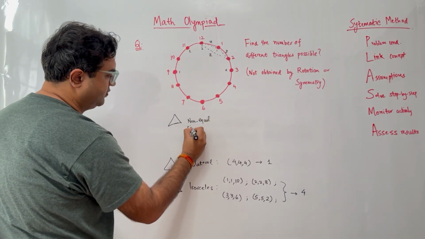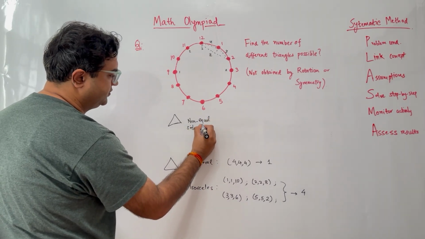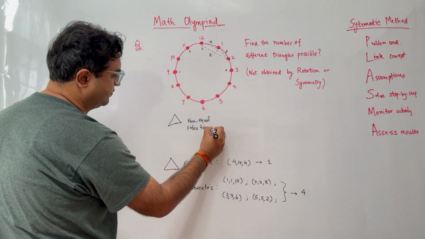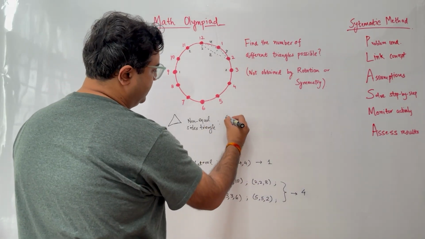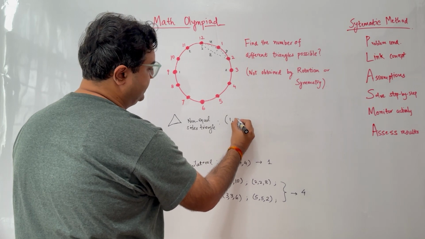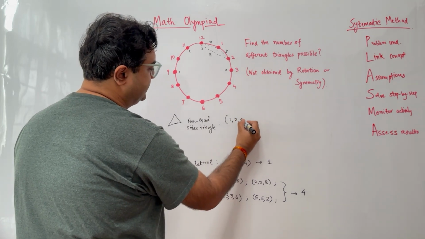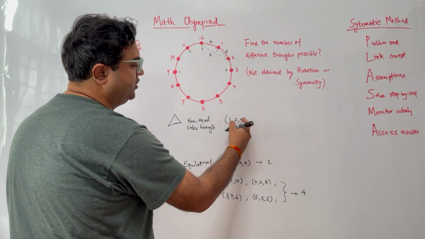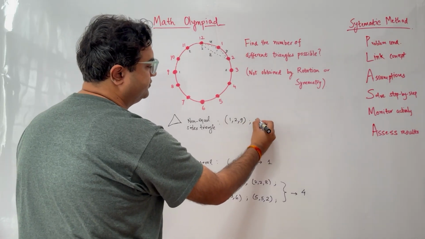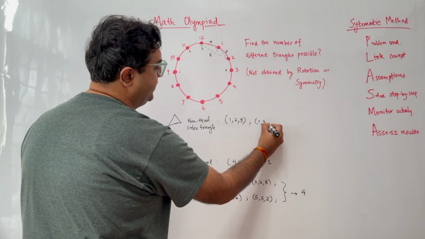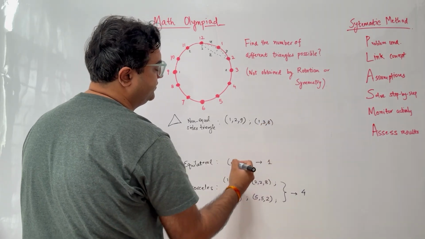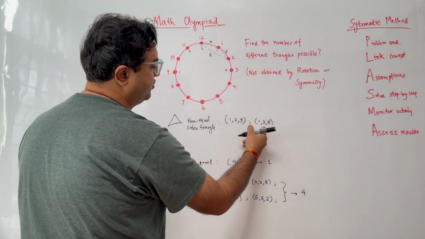Non-equal sides triangle. So when x is 1, y is 2, then z will become 9. So 1, 2, 9 is one combination. Then when x is 1, y is 3, then this becomes 8. This is another combination.